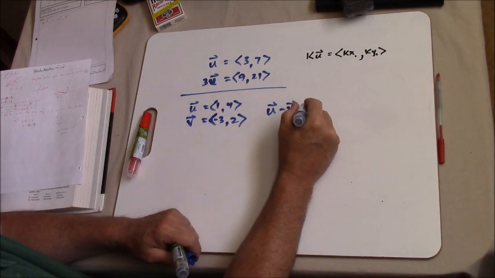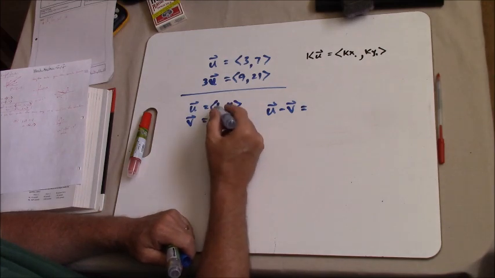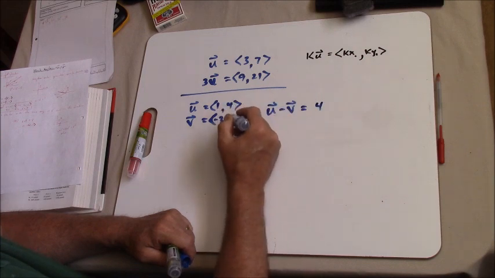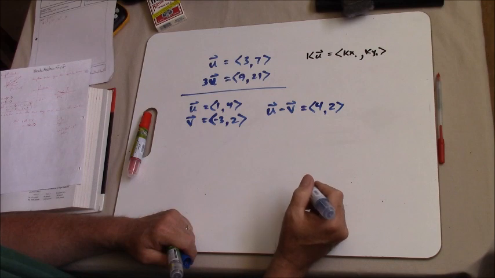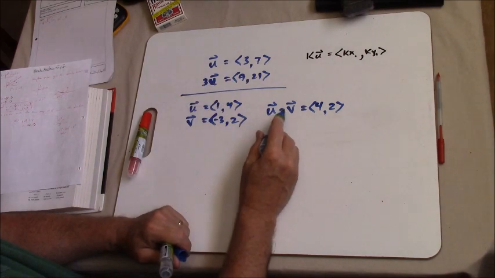Well, the same way you would add those. You would just say vector u minus vector v, so 1 minus -3, that would be 4, and 4 minus 2, that would be 2, and there's that vector in component form. Okay, so multiply a vector by a number and subtracting vectors.